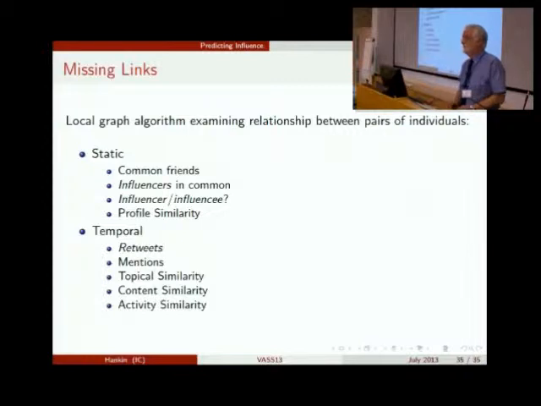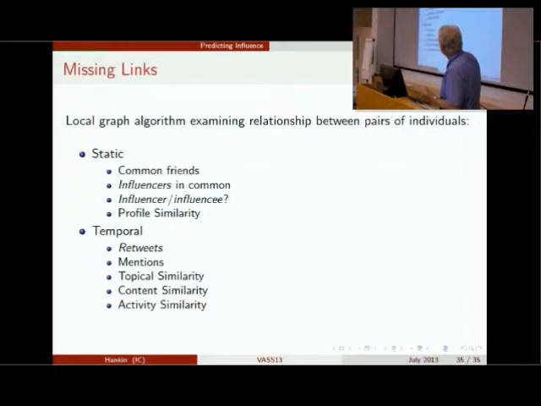So this is my final slide. This might be a good place to stop because I haven't got any more slides, but also because Simon's getting a bit fidgety. Sorry, this is about missing links. So we want to use some static tests for where links might be missing if we've got people who seem to have common friends, for example, or followers and aren't linked.